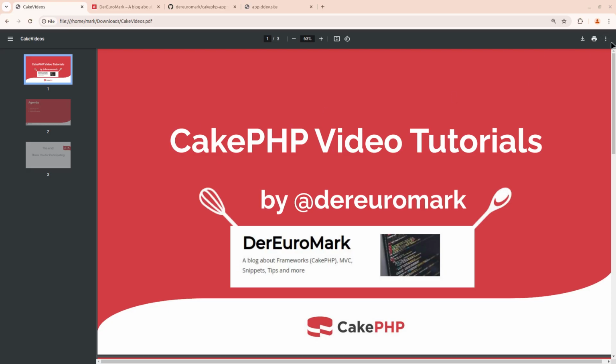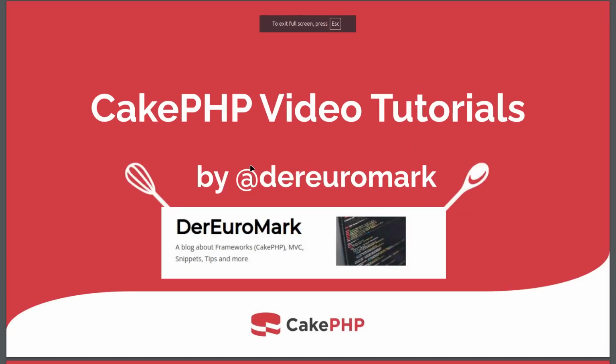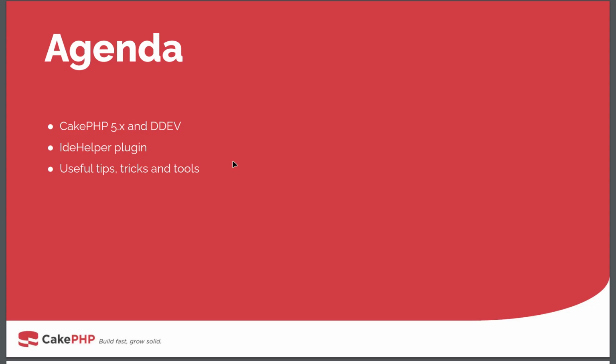So today, in this first video tutorial, I want to show CakePHP 5.x as a fresh installation in application skeleton out of the box, together with DDEV, which is a Docker-based container tool to quickly spin up a local environment as a server to run your application on.